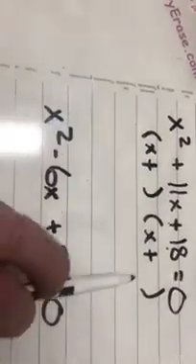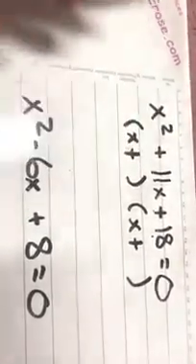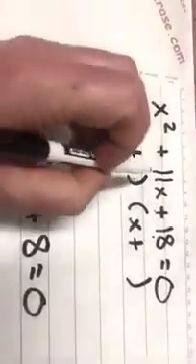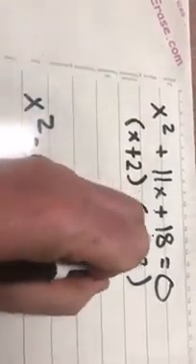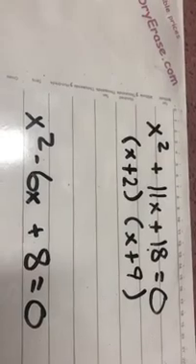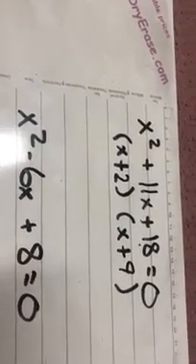Then I'm thinking, okay, what two numbers multiplied together equal 18 and then added together equal 11? Well, without too much difficulty, I know that those two numbers are going to be 2 and 9, because 2 times 9 is 18, 2 plus 9 is 11.